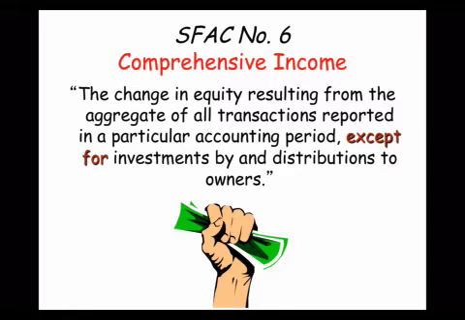GAAP requires that we report at market value, $125,000. That is, the assets increase from 50 to 125, and the shareholders' equity also increases by that 75 above the historical cost. That increase is called other comprehensive income.